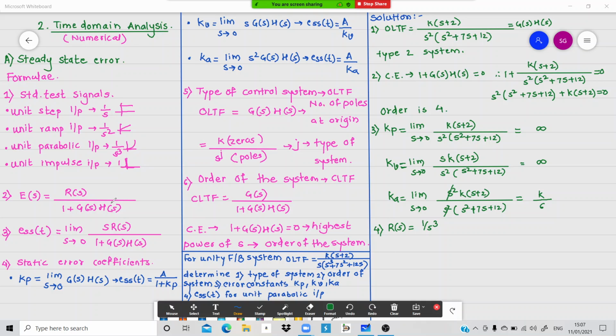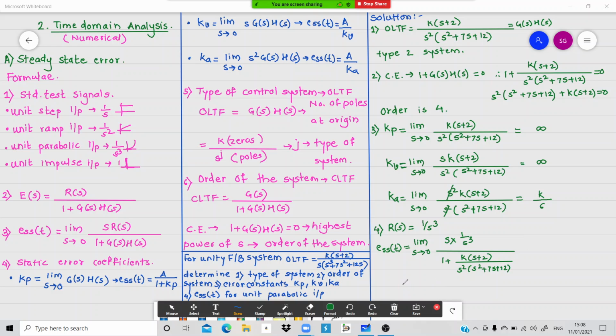You want to get ESS, so I'll put the value: ESS is equal to limit s tending to 0 of s times R(s), which is 1 upon s cube, upon 1 plus GH, whose value is K(s plus 2) upon s square plus 7s plus 12.